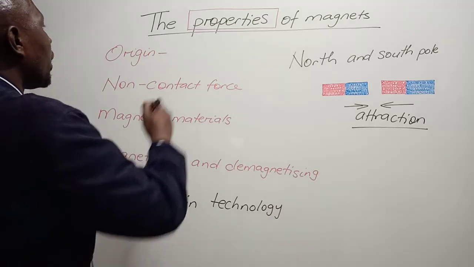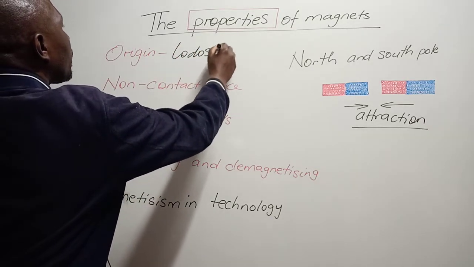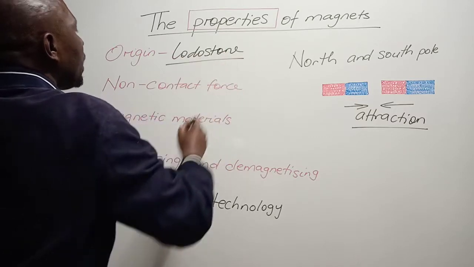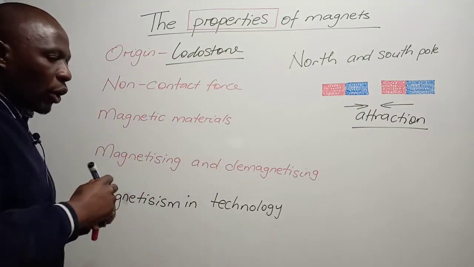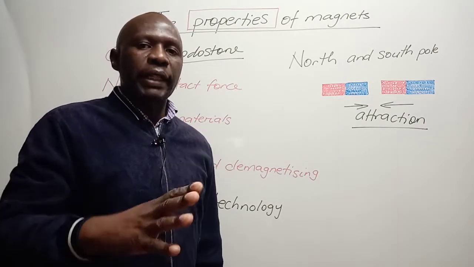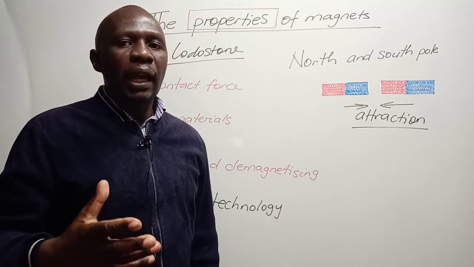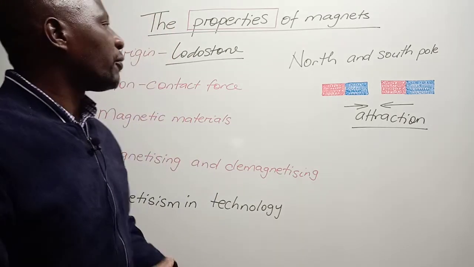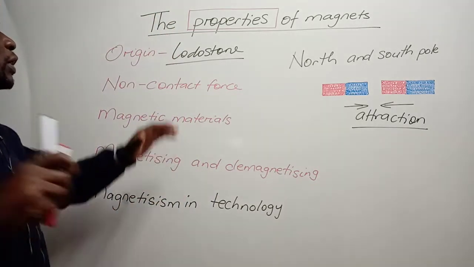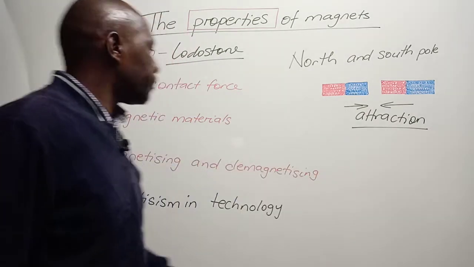Magnets come from a rock, and this rock is called lodestone, right? Parts of the rock are naturally magnetic. So, in other words, magnets are natural. They come from this rock called lodestone. It was discovered way back in time.